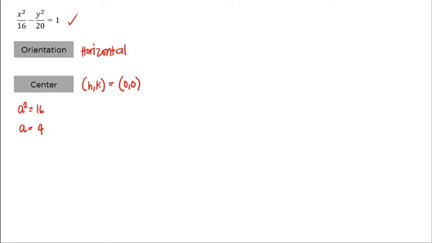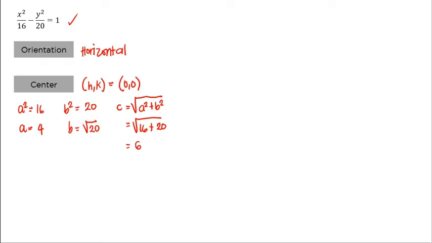While b squared is equal to 20, therefore b is equal to square root of 20. Okay? And for c, that is just equal to the square root of a squared plus b squared from our Pythagorean identity. And that will be equal to the square root of a squared, which is 16, plus b squared, which is 20. So that is square root of 36, which is 6.